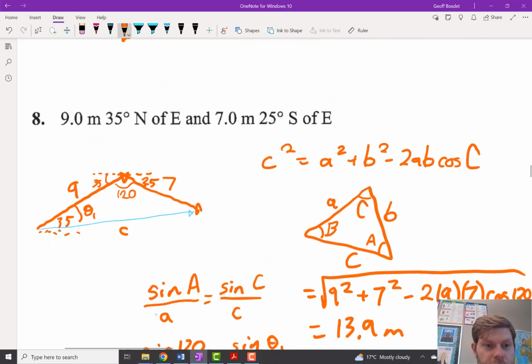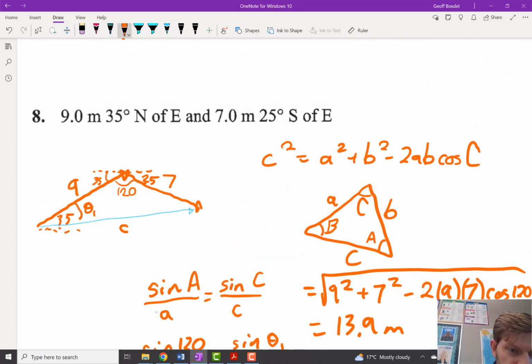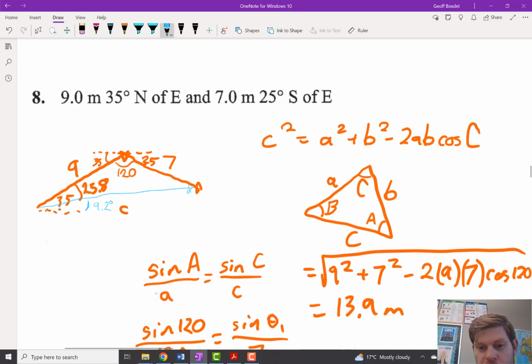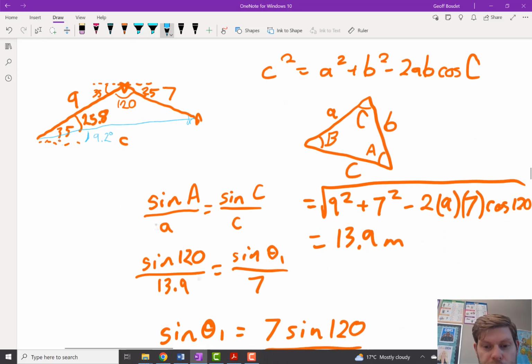Now, if we know this angle is 25.8 degrees, and this full angle is 35, so if we want just this guy, we can just do 35 minus 25.8 and get 9.2 degrees, just like we did when we did it with components.